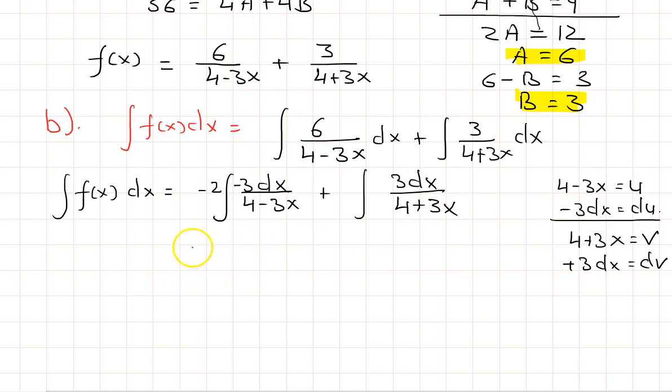Now this will become minus 2 times minus 3 dx is du over u plus, and here 3 dx is dv over v.